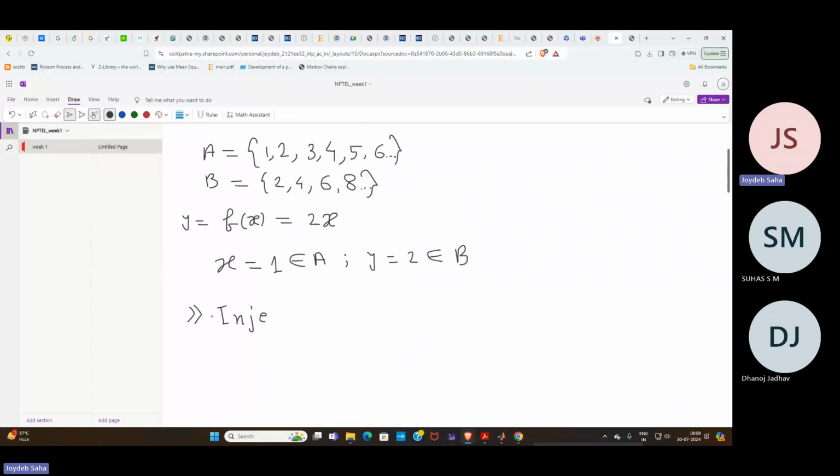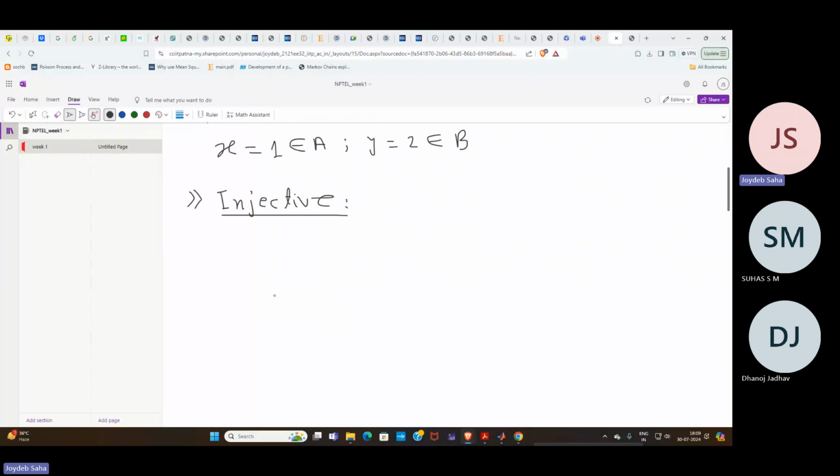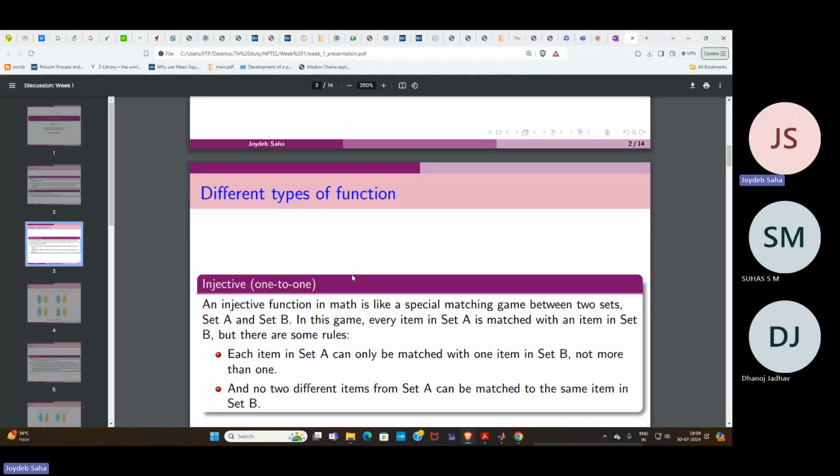So now come to the injective function. These are very basic things. What is an injective function?